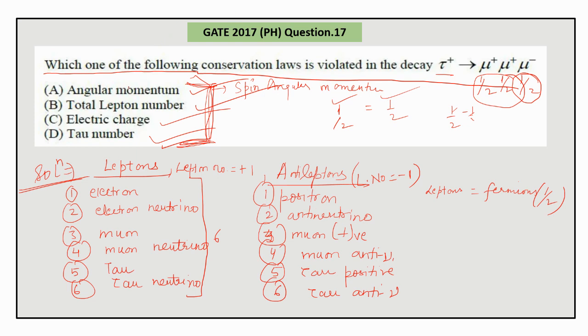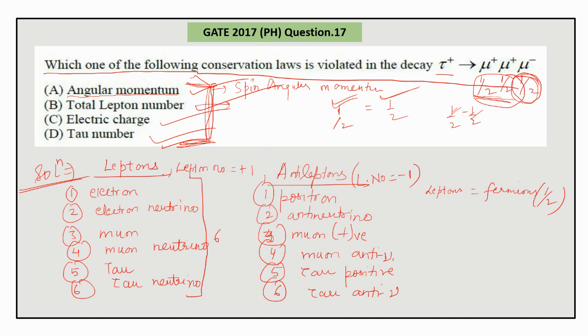But here I'm not sure because it is not written which angular momentum they are asking, total, linear, or spin angular momentum. So I'm considering spin here. If the two spin halves couple to give zero spin, we are left with only one spin half. So left hand side is equal to right hand side, and angular momentum is not violated.